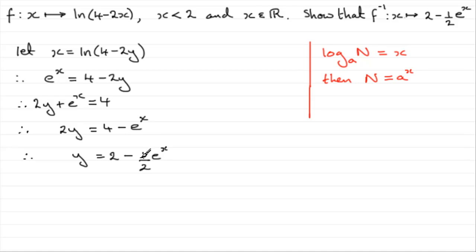So you can basically see that we're getting what we needed to show here. Only I need to finish it off in this style, so therefore the inverse function f to the minus 1 is such that x maps onto 2 minus a half e to the power x.